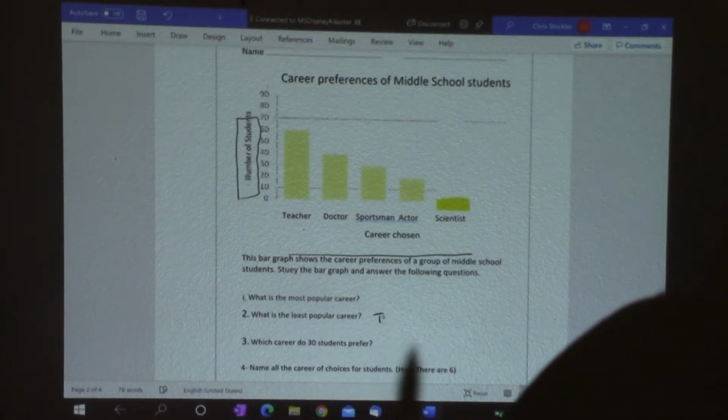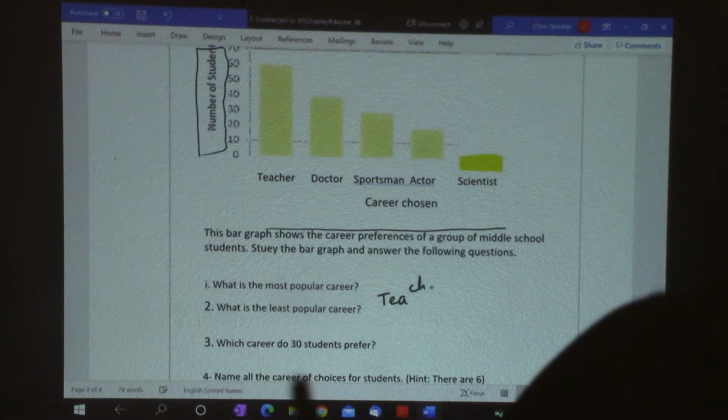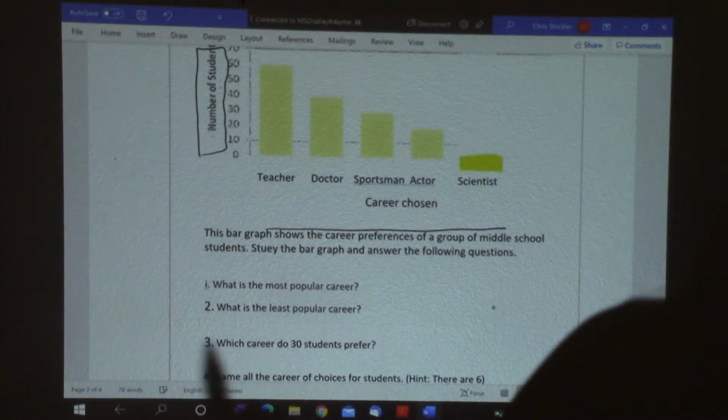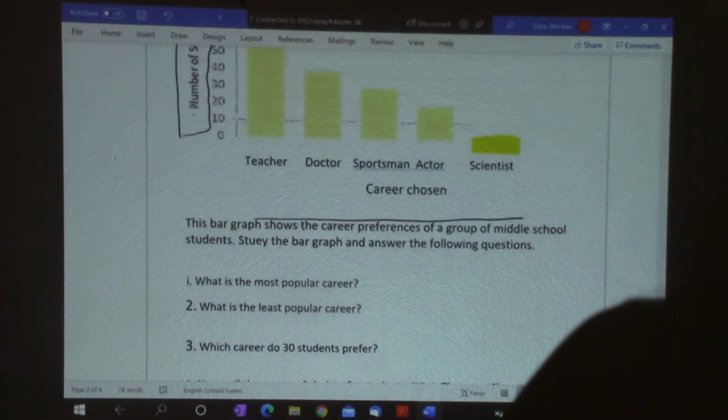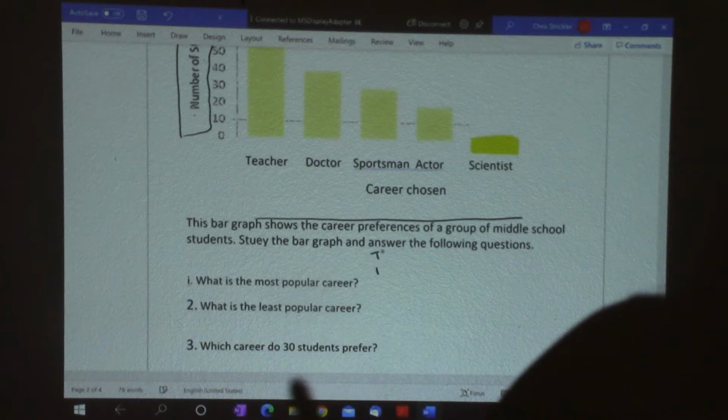Whoa! This is going to be interesting writing on here. So let's put teacher here. If it will let me. It won't. Let's try putting it up here. No, it won't. How about over here? Well, this is just getting interesting now, isn't it? Maybe over here? No. How about way up high up here?